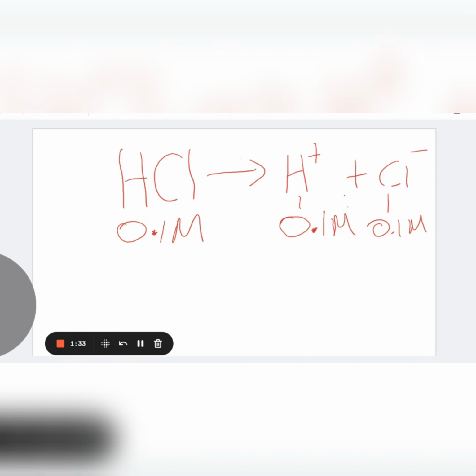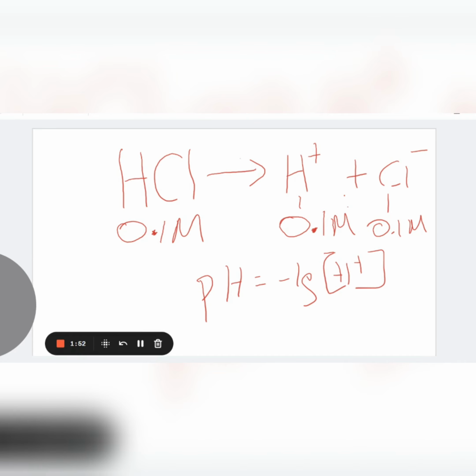So we can simply quantify the number of protons here. And if we were to calculate the pH of the substance, we could say pH is equal to the negative log of H plus ion concentration, which we would get from the dissociation of the strong acid.